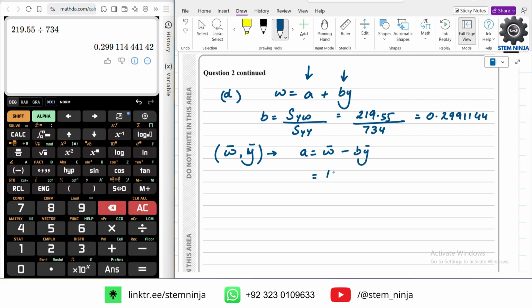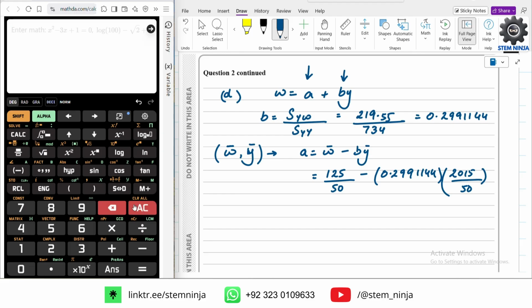That means W mean was 125 over 50 and B is 0.2991144, and Y mean is 2015 divided by 50. So 125 divided by 50 minus the answer times 2015 divided by 50.